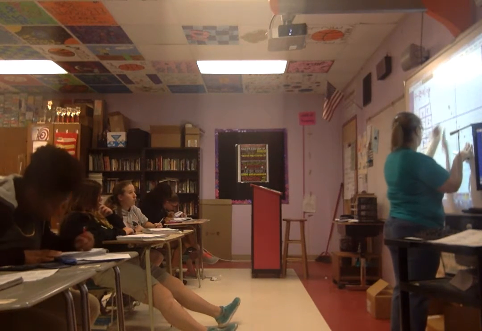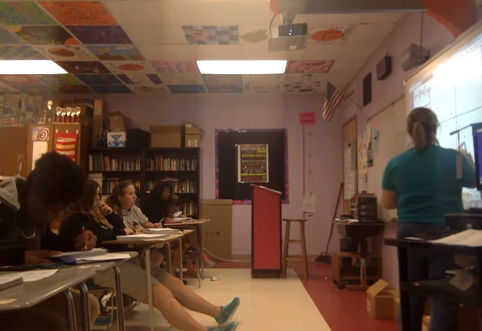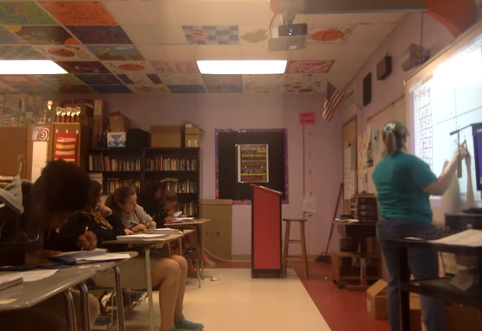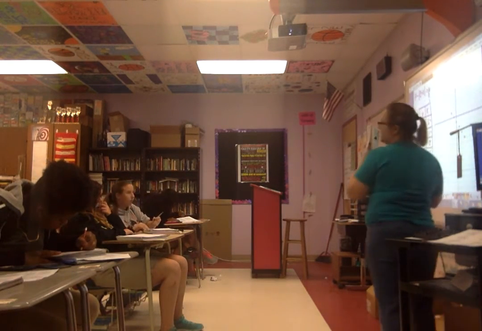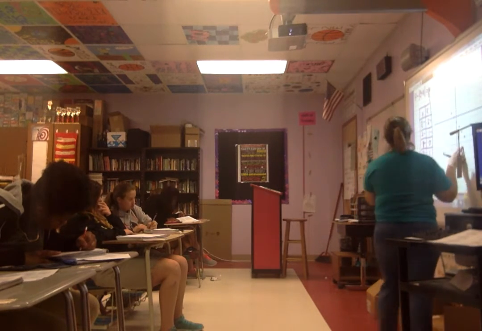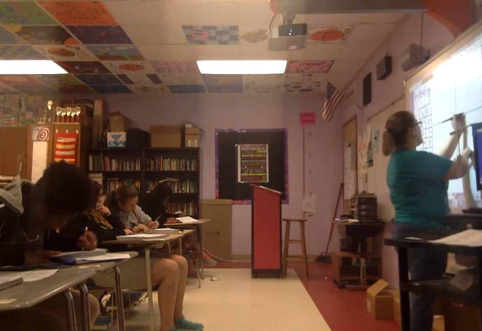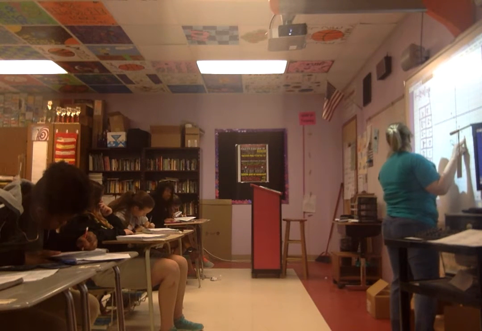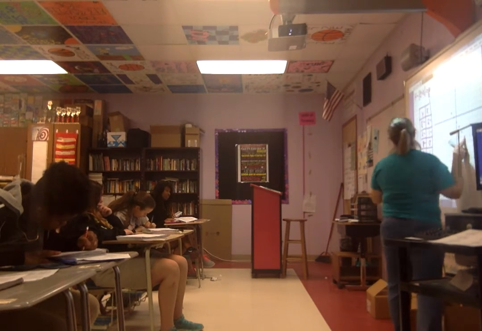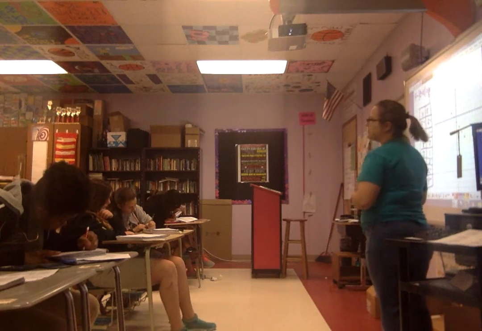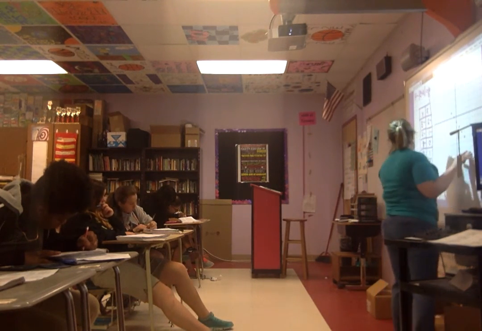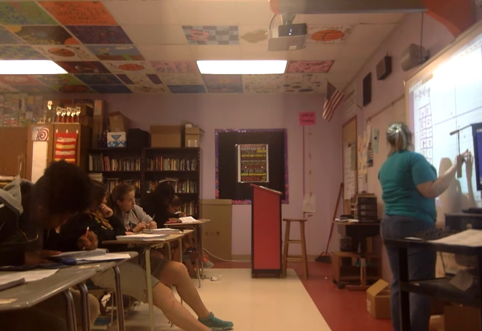I need some more, so I need negative 3. Negative 3 plus 3 is 0. 0 minus 4 is negative 4. So negative 3, negative 4. I need another number. So negative 4 plus 3 is negative 1. Absolute value of negative 1 is 1. 1 minus 4 gives me, what is 1 minus 4?